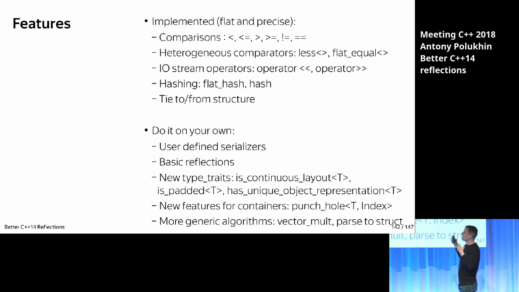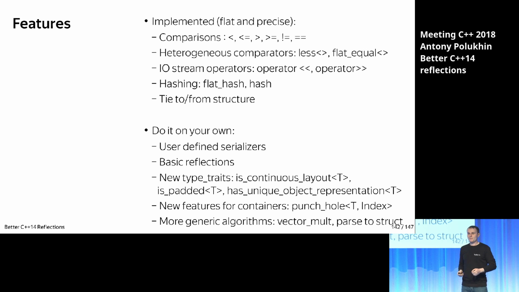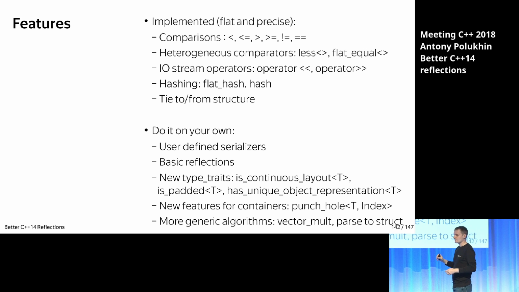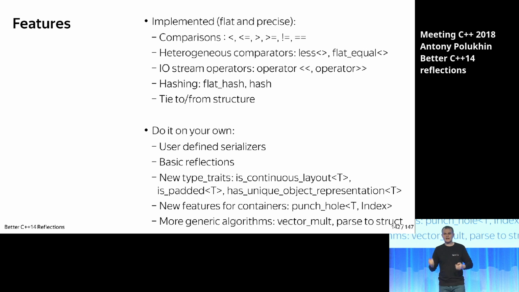But also, you can write your own stuff. You can write some user-defined serializers. For example, some people told me that they were working on some radio-like company, and they've got a huge amount of aggregate initializable structures, and they've got different types of wires.